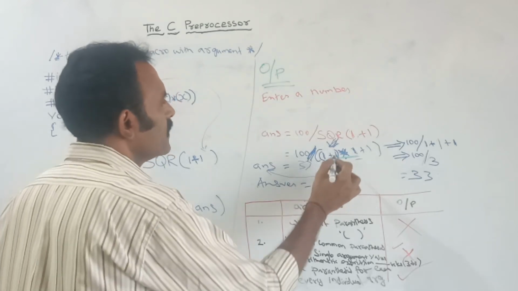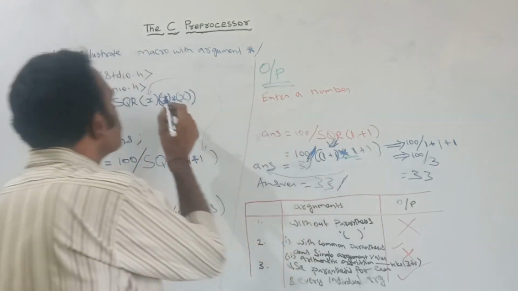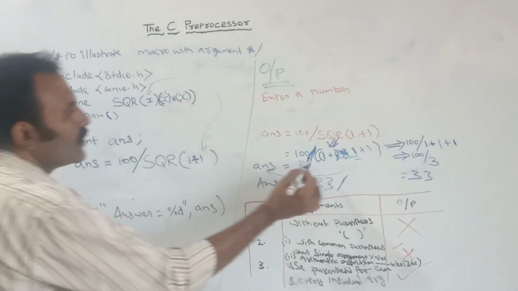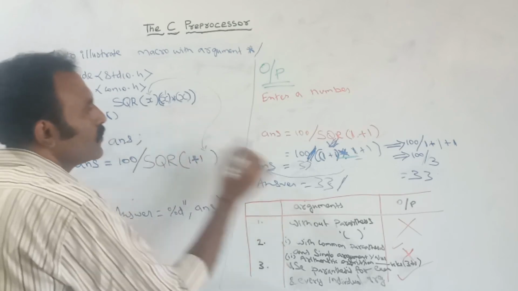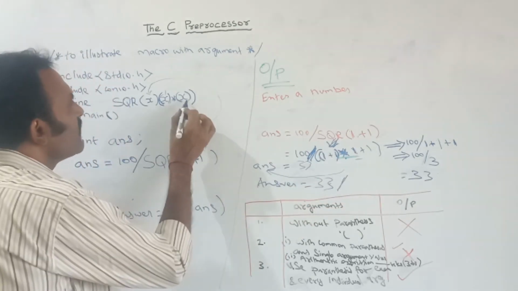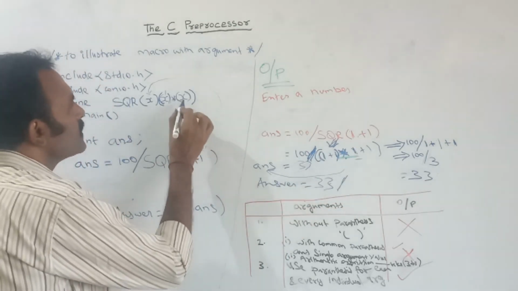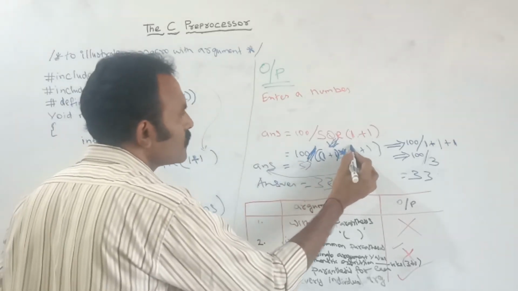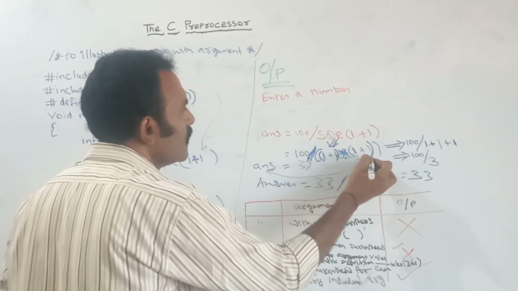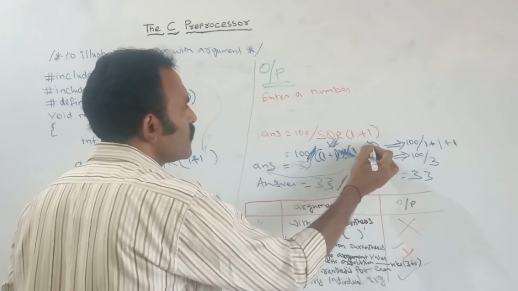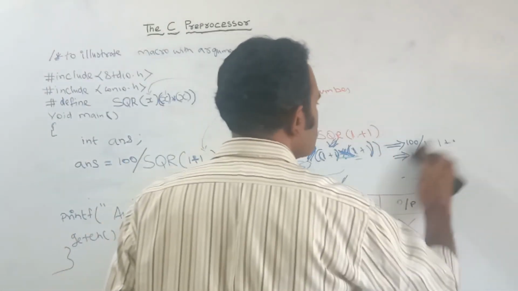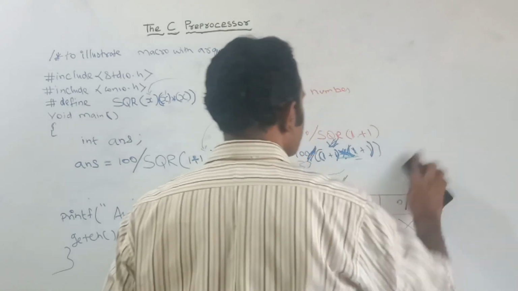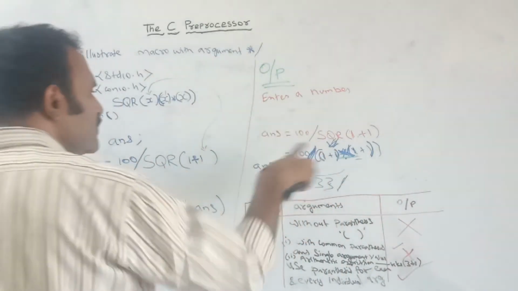1 plus 1. Next, this x holds the value 1 plus 1 within the parenthesis; next, this x value is 1 plus 1, so within the parenthesis 1 plus 1. So here each and every parenthesis value is an individual set.